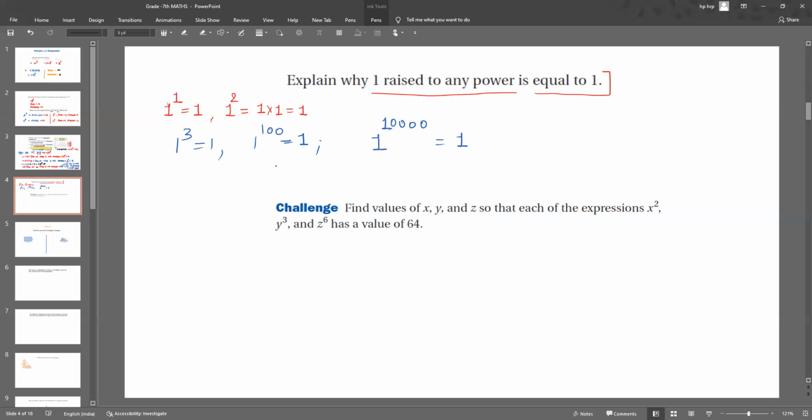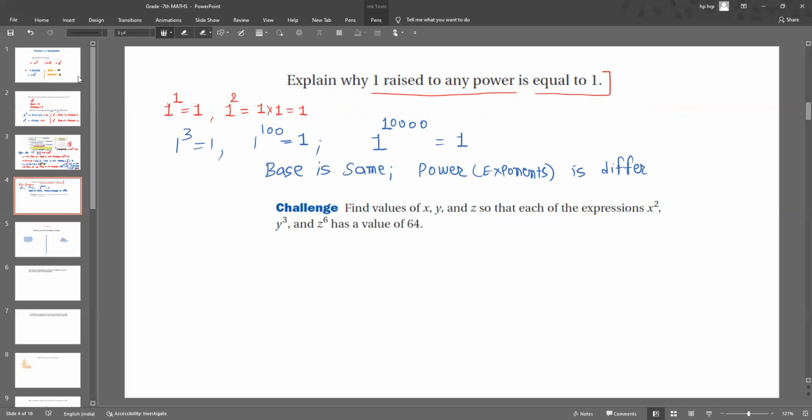So in this question the base is the same. Only the power, or we can say exponent, can be different. But here the base is 1, so our result is the same. The power or exponent is different, but 1 multiplied by itself gives the same result.